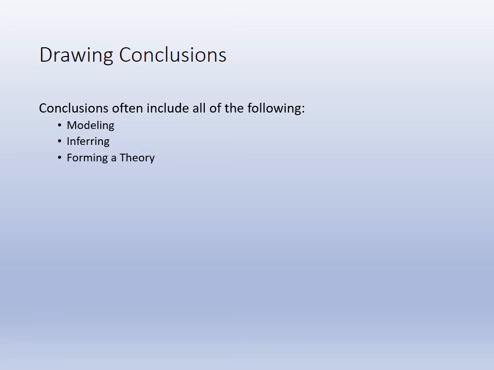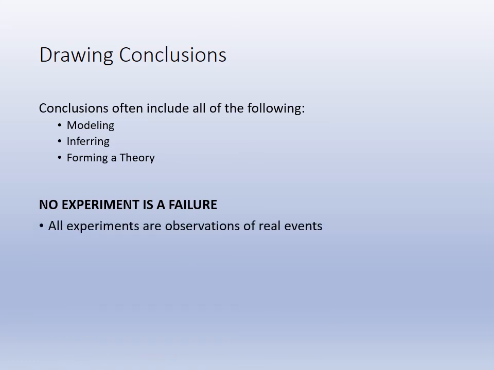So it's not a law, it's not fact, it's a theory that's always being added to and altered based on new evidence. So no experiment's a failure, even if it proves you wrong. You eliminated possibilities and expanded what you know. So experiments are observations of real events.